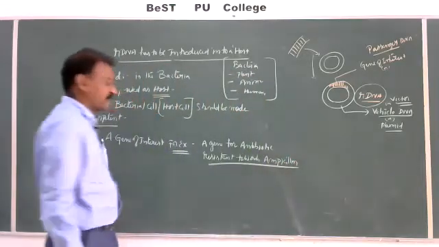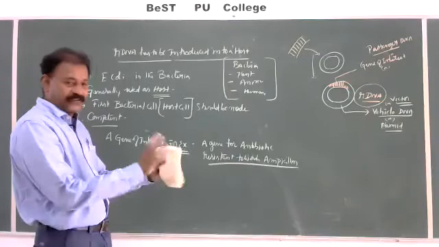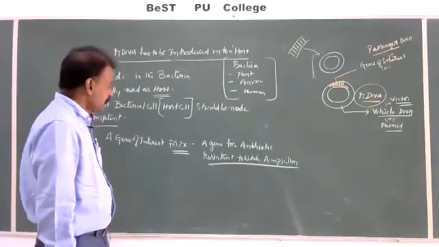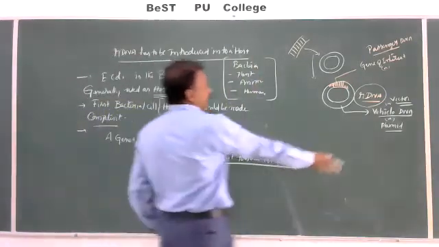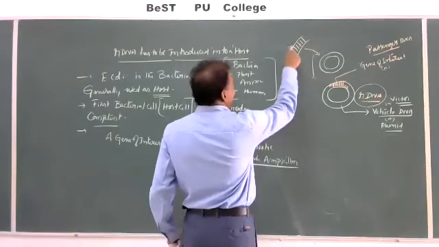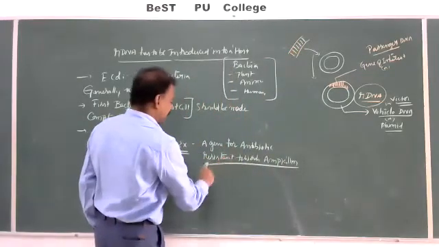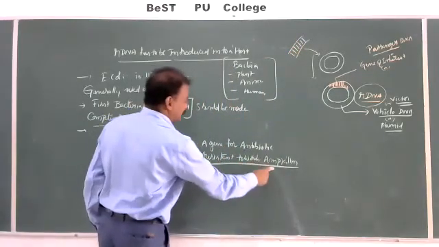Listen, my dear students, carefully. In the book they have given it differently. So here, we have taken a gene for antibiotic resistance towards ampicillin.